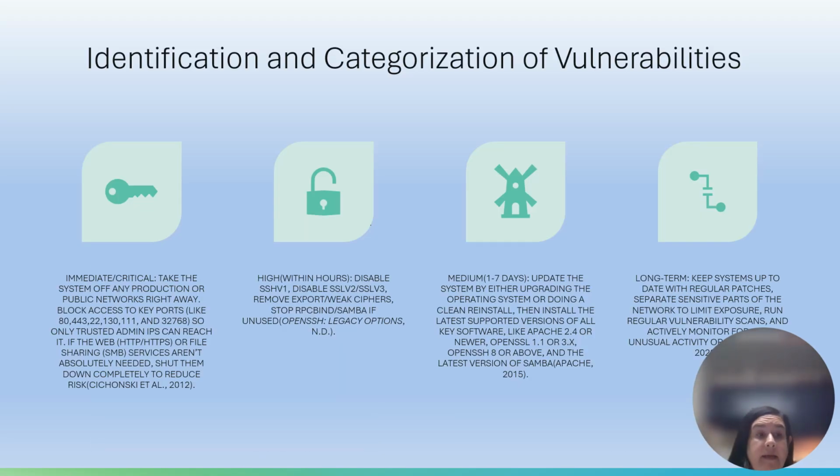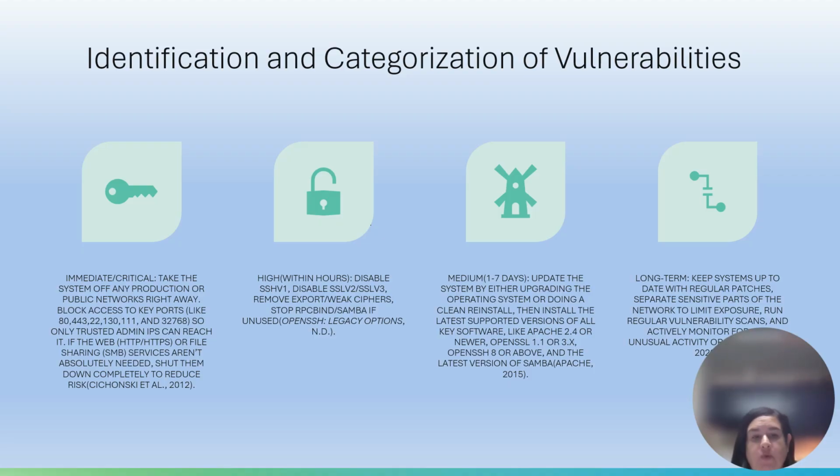The next slide gives the identification and categorization of vulnerabilities that were found in the system scan. For instance, immediate and critical vulnerabilities: take the system off any production or public networks right away.